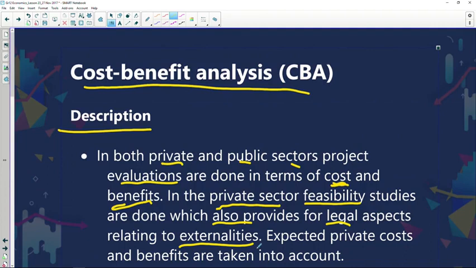In the past, we've seen that projects that are not assessed properly tend to fail, or they remain incomplete because not enough planning had gone into ensuring that all the proper structures are in place for the project to be completed. Think of the RDP houses, the hype in the early 90s, the excitement that got created that people will finally be homeowners, and then there were tender systems which were issued out, and the tender system was new in our country.